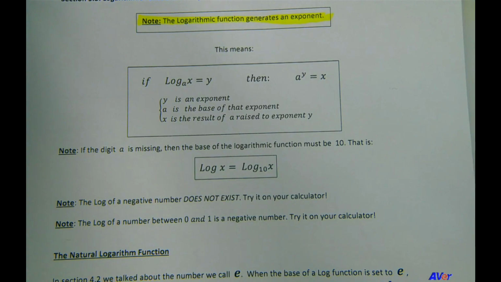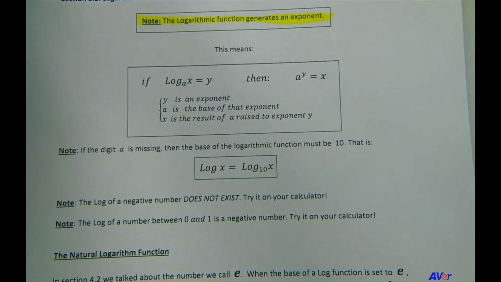We've already talked about inverse functions, right? So when we say they're inverses of each other, we mean they are mirror images of each other across the y equals x line. And we will look at 2-3 examples of that in this section as well.